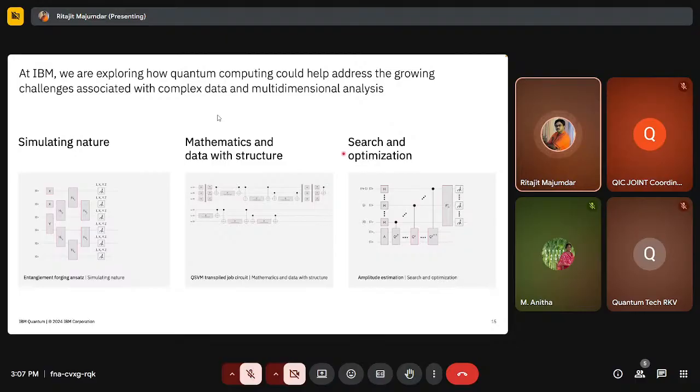Optimization problems, say you are organizing this workshop. You need to decide the budget. You need to decide when the workshop will happen.